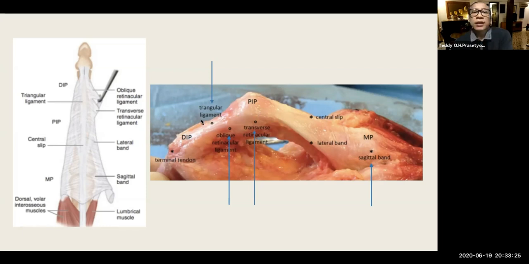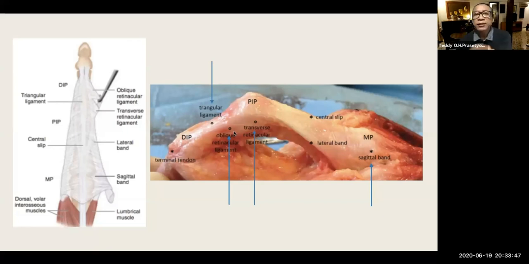And what about the triangular ligament? You still remember? The function of the triangular ligament is actually to keep the lateral band, or the conjoined lateral band, in its position at the dorsal side, and prevent subluxation palmarly.